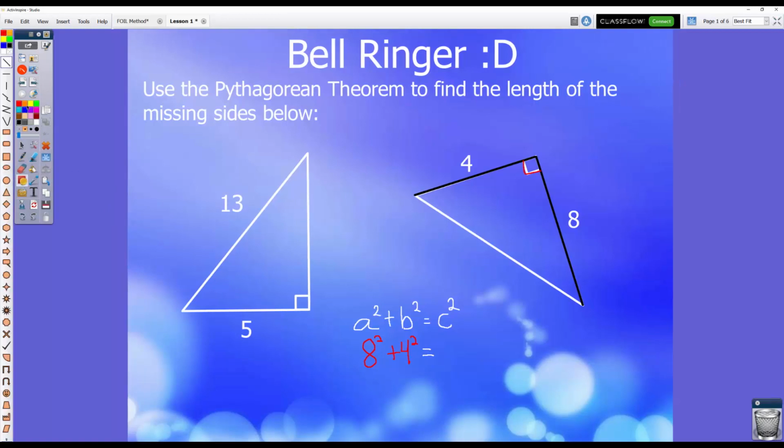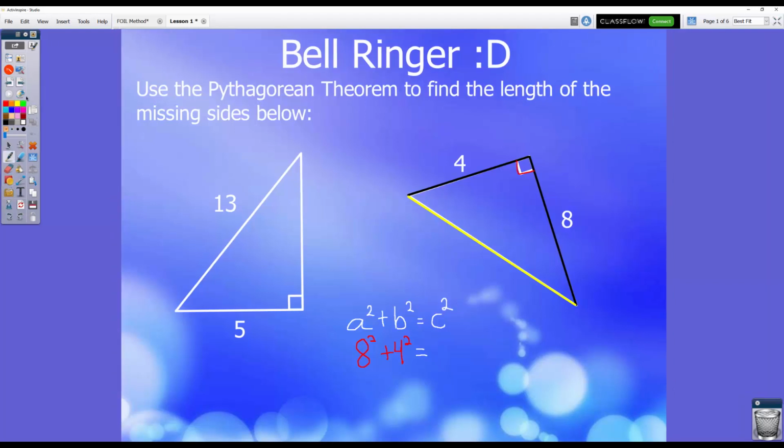And remember, side length c is always, always, always our hypotenuse. That means that the hypotenuse is our missing side and is the side that we are going to be solving for. So we'll keep that as c squared. We've got all of our side lengths plugged in, and now we can actually use the Pythagorean theorem.